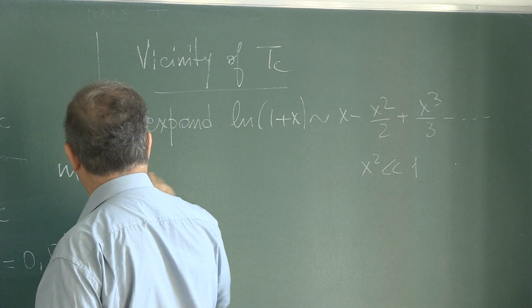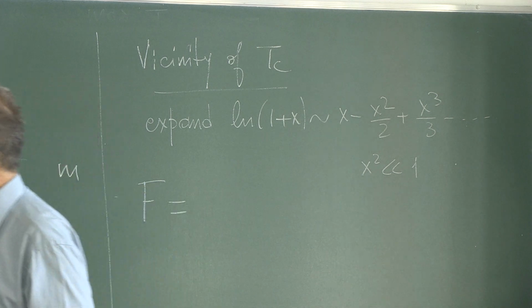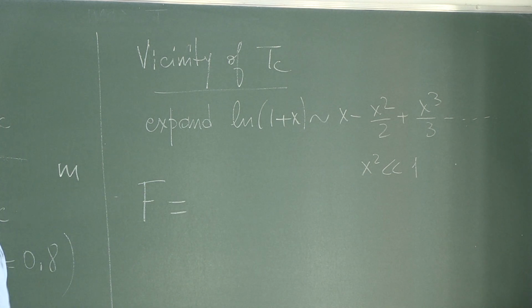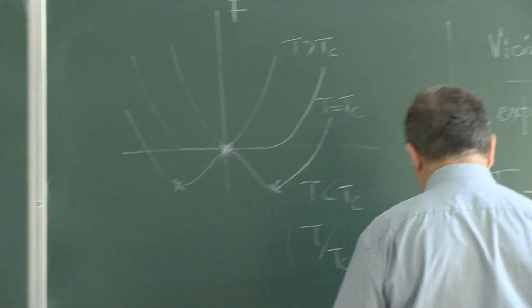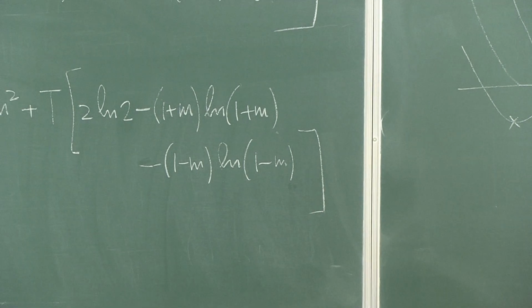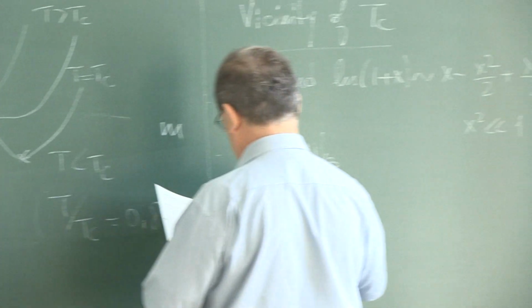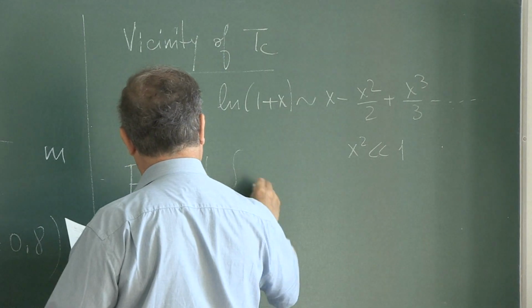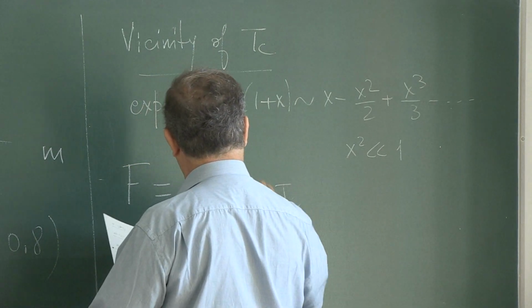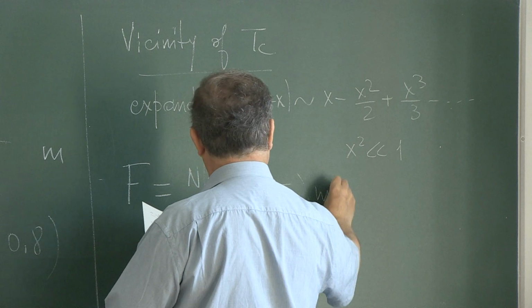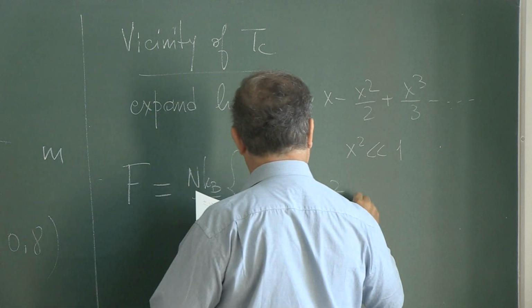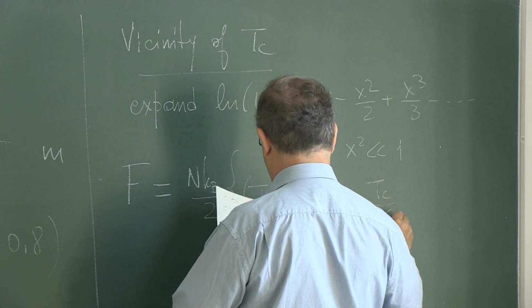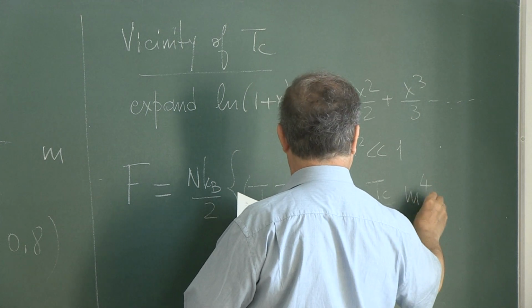You can write this expression by expanding the logarithmic terms as N k_B over 2 times (T minus Tc) m squared plus Tc over 6 times m to the 4.